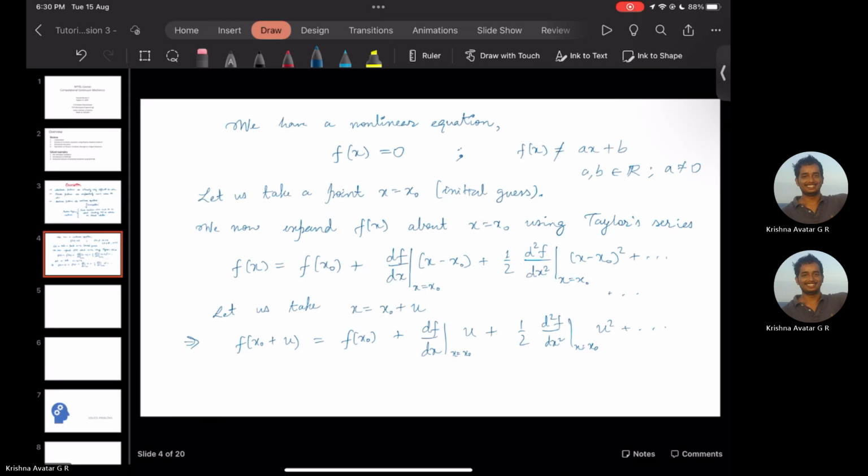So when we say something about linearization, linearization involves just truncating this. So the linearization essentially truncates all these terms which have higher orders of u. Higher orders in the sense that you just look at the powers of u.